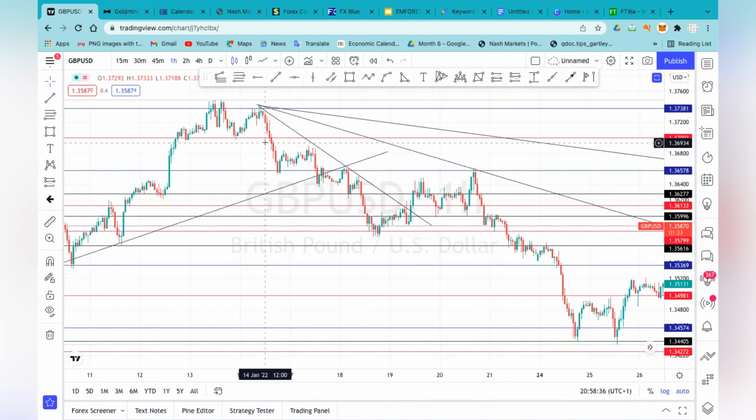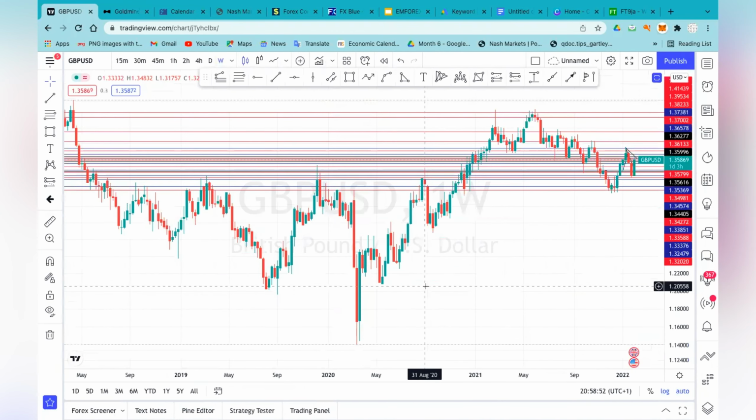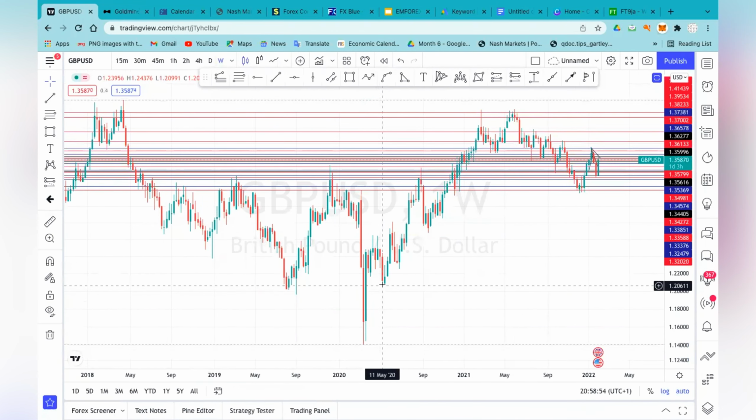The higher the time frame, the higher the move. If I'm to draw a support and resistance zone on the weekly time frame, then you should know that the moves will be massive compared to the daily time frame. If I spot support and resistance zones like this, the move will be massive compared to the daily or monthly time frame.